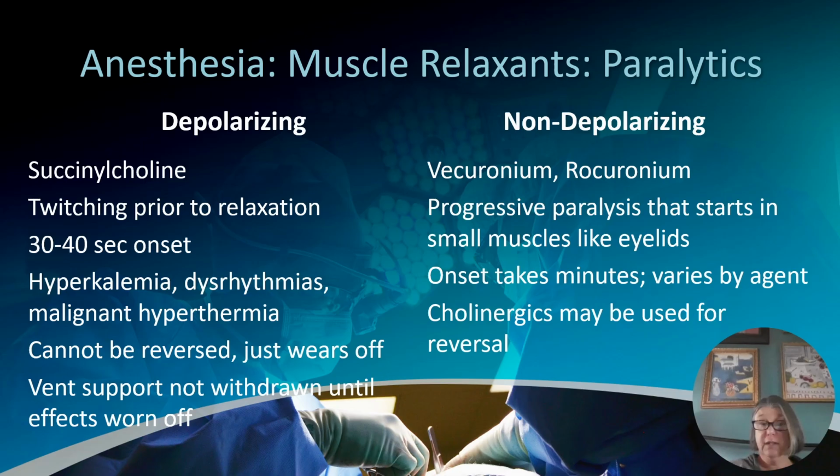So these paralyzing agents, the good thing is there are reversal agents out there. But anytime I paralyze somebody, I obviously worry about them being able to maintain their airway, even if I have given them support.